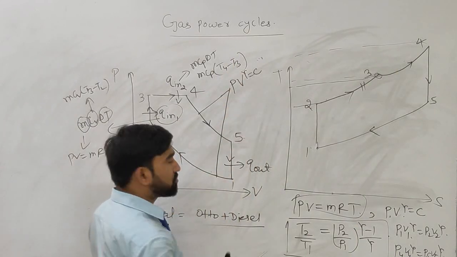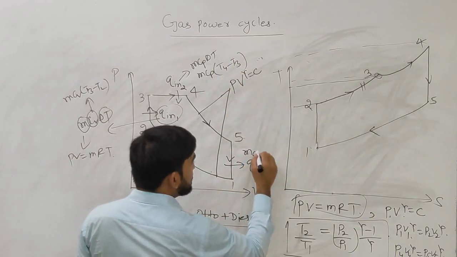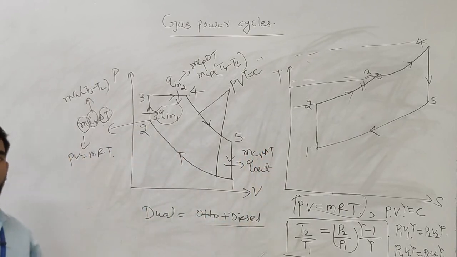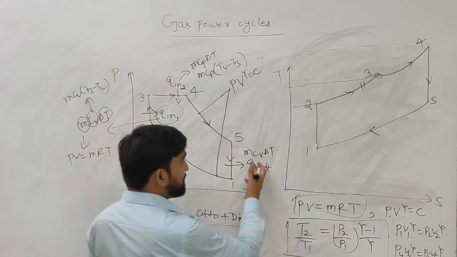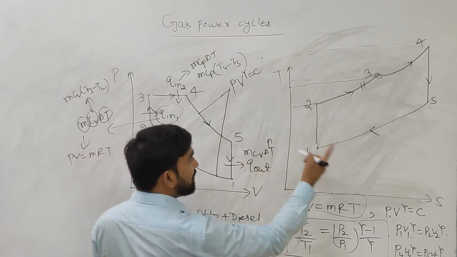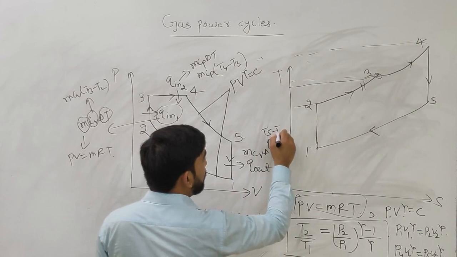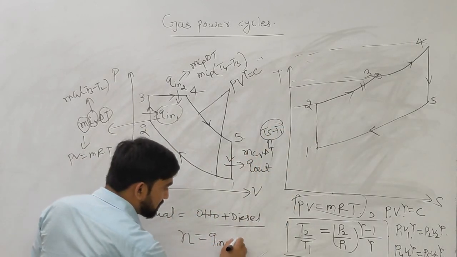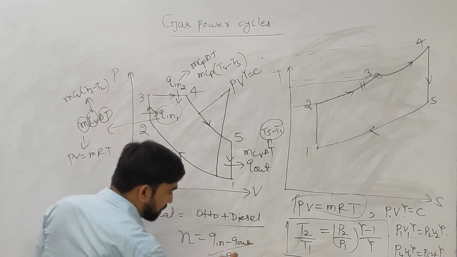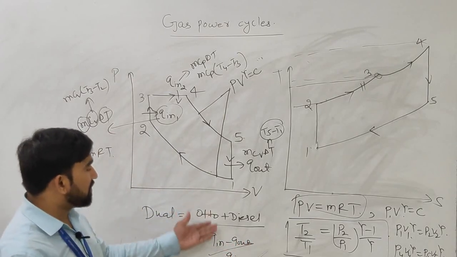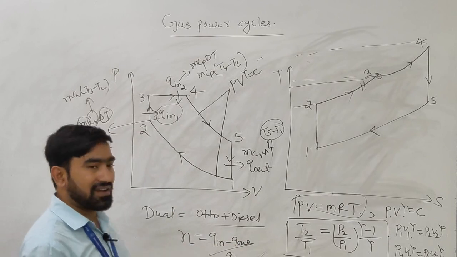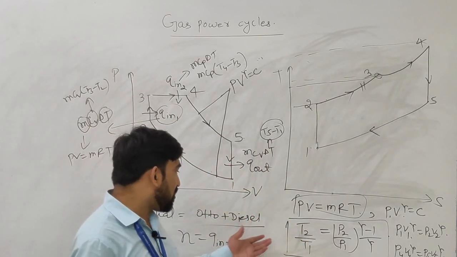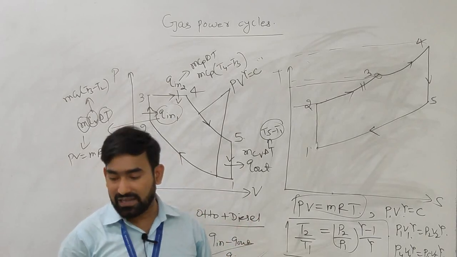This is a constant volume process, so it will be mCv delta T. In the case of a constant volume or isochoric process, we can write it as mCv delta T, where delta T is T5 minus T1. Efficiency will simply be Q in minus Q out upon Q in. With the help of Q in and Q out, we can calculate efficiency. But the one thing we have to remember is how all the temperatures and pressures can be calculated.